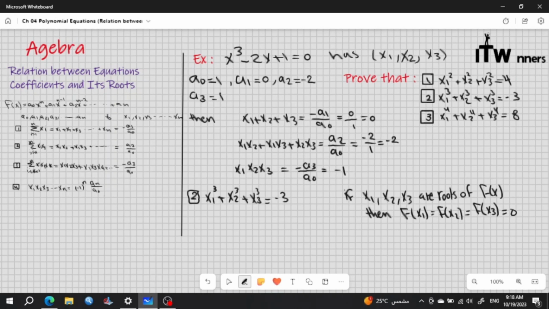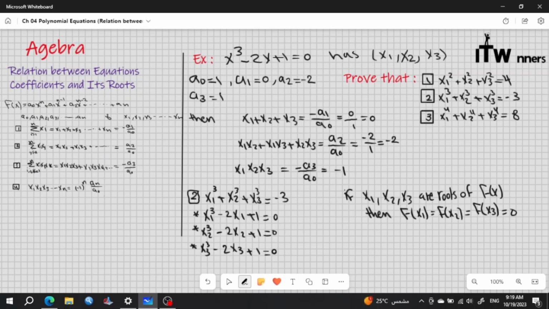So we can substitute x1, x2, x3 into this equation. So here we have x1 cubed minus 2x1 plus 1 equals 0, x2 cubed minus 2x2 plus 1 equals 0, and x3 cubed minus 2x3 plus 1 equals 0.